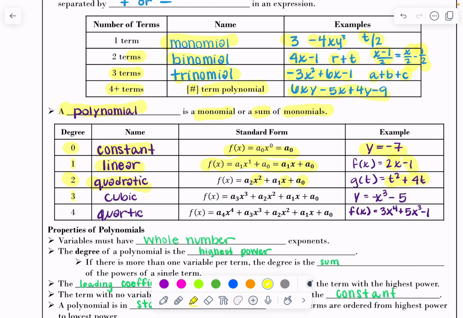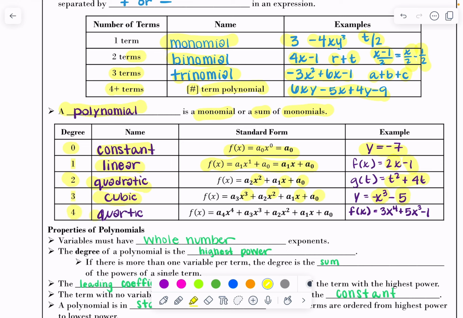Fourth is cubic in this table. 3, 2, 1, 0 exponents. An example, I also like to put a binomial for cubic, because again, you can have a cubic function with just a cubic and then also maybe a constant, a cubic, and a single term. Anything that has the highest degree of 3 is what would be called cubic.